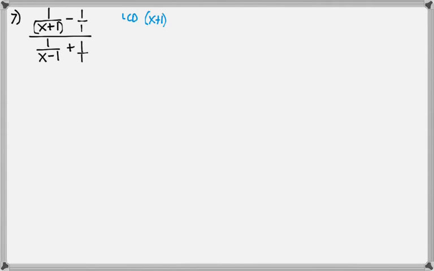and I need an x minus 1. So I need to multiply each term by the LCD itself over 1.